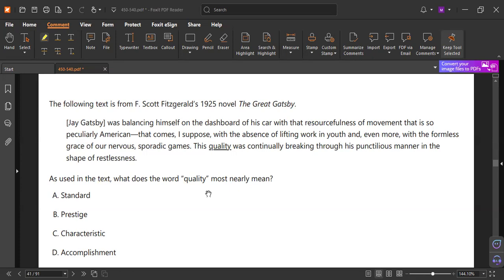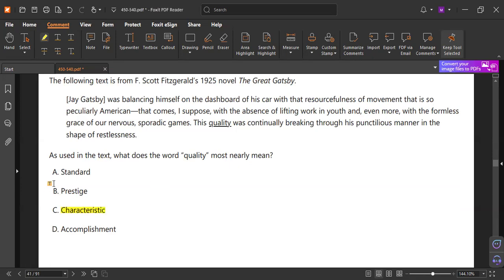Is it characteristic? C. So letter C, it's correct then. Yes, it describes a characteristic or trait. That's right. Of course, prestige, no, come on.